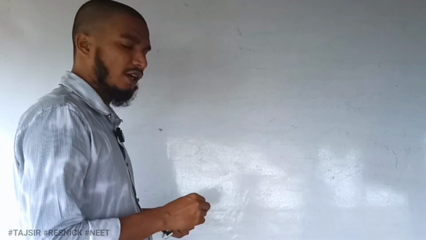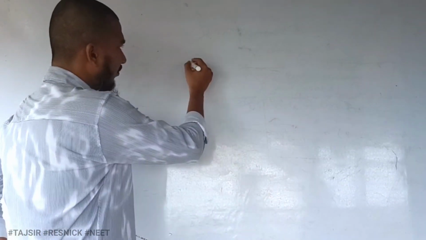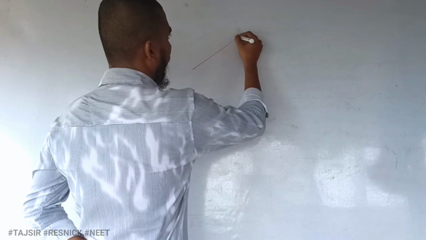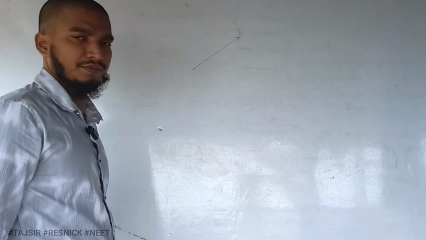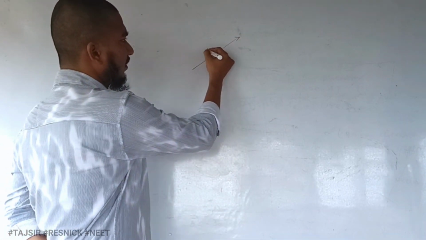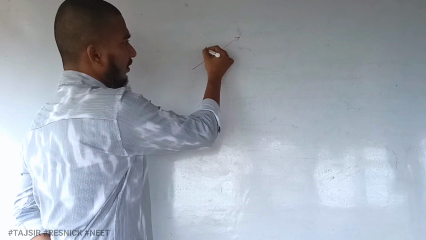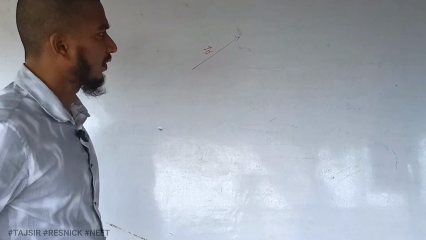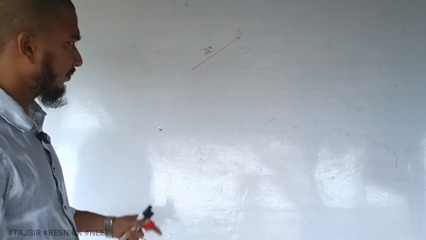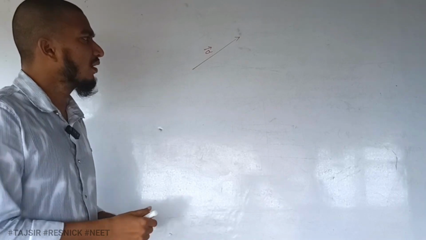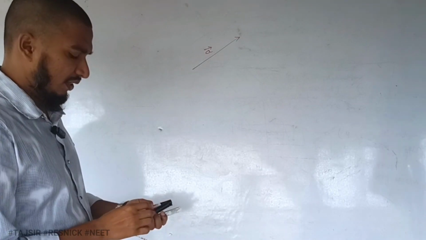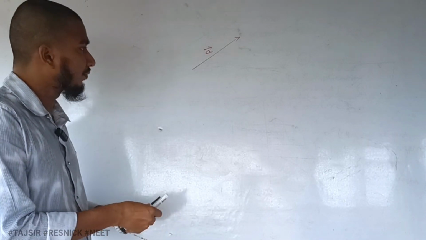Suppose we have been given a vector. This is our vector, say vector A. Let me name these two points.